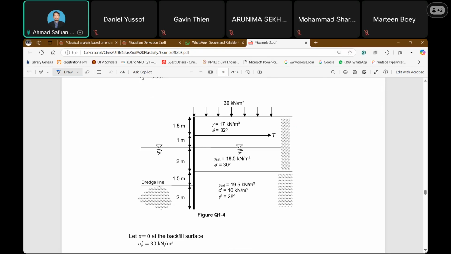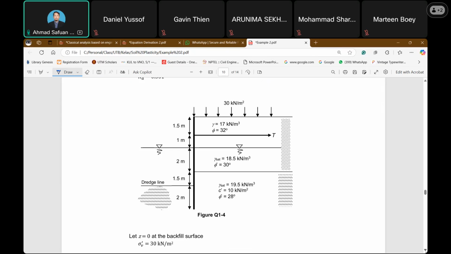The groundwater level on both sides is at the same height. On the left side, the ground level is considered at the bridge line.